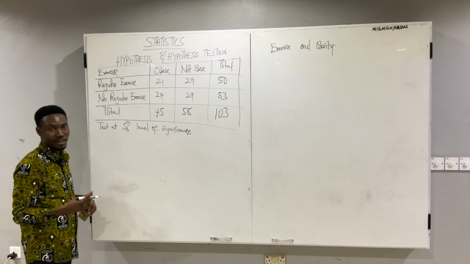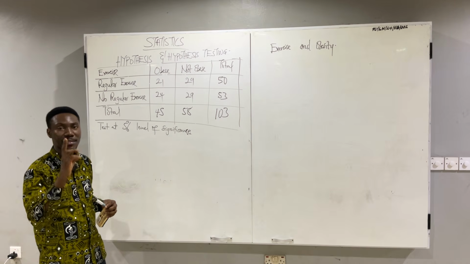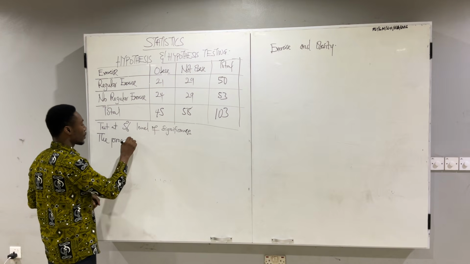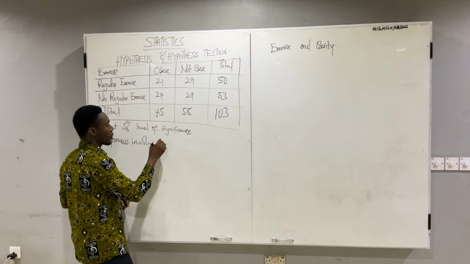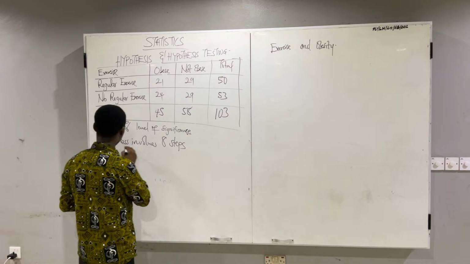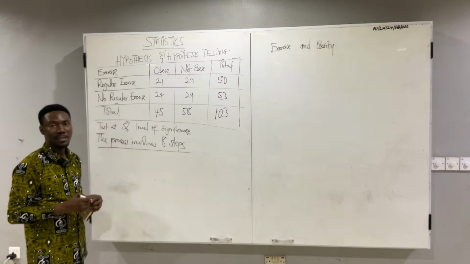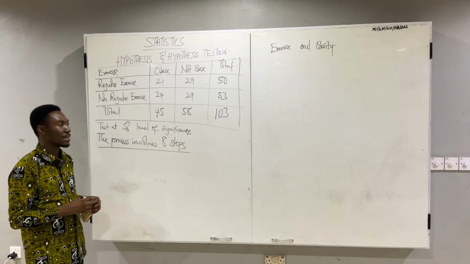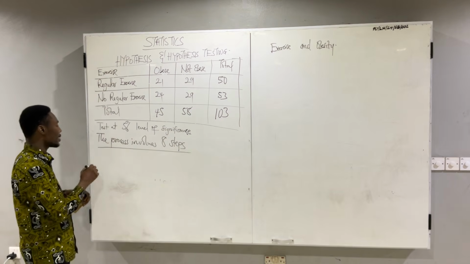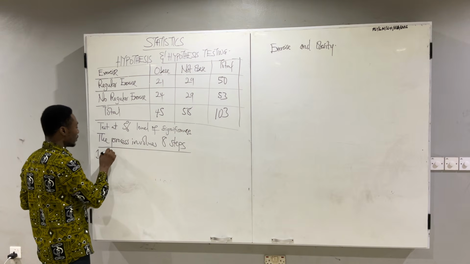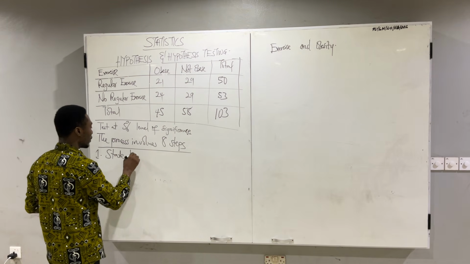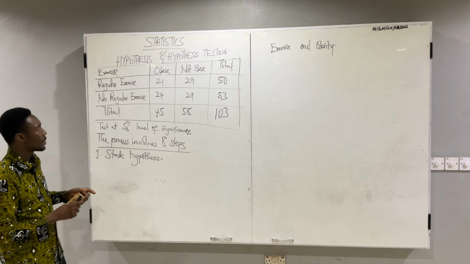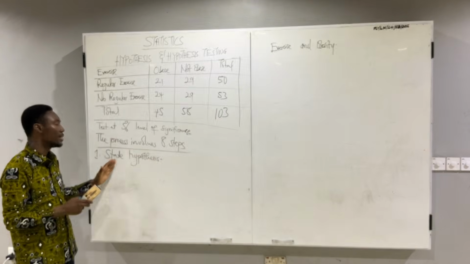Now, the chi-square test in statistics involves 8 steps. Okay?